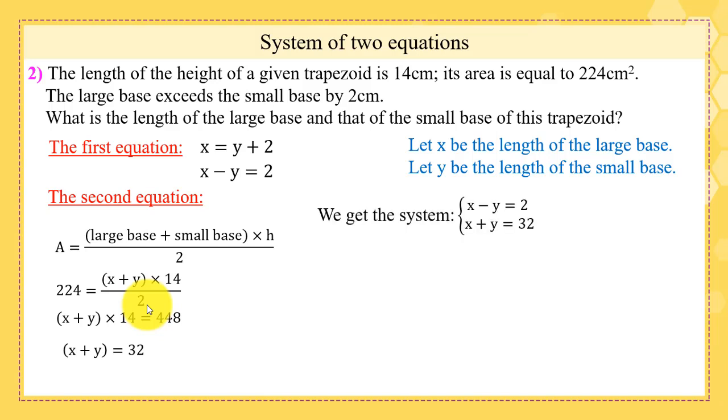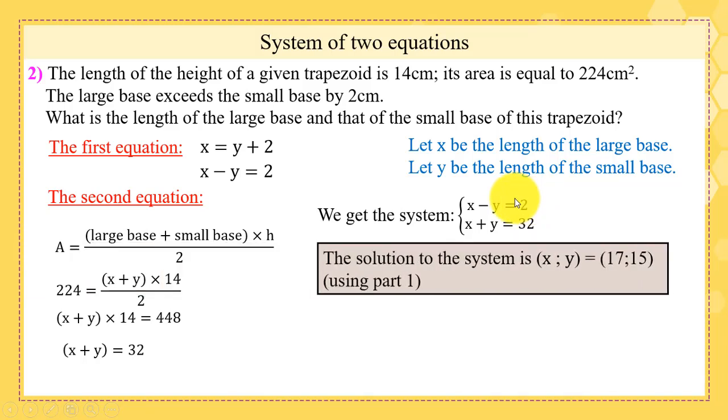We get the following system: X minus Y equal to 2, and X plus Y equal to 32. If you notice, it is the same system as in part 1. Then we say that the solution of the system is (X, Y) equals (17, 15) using part 1.